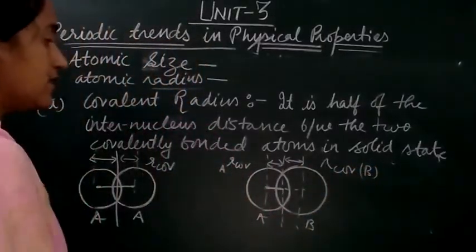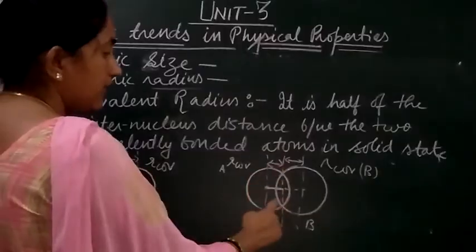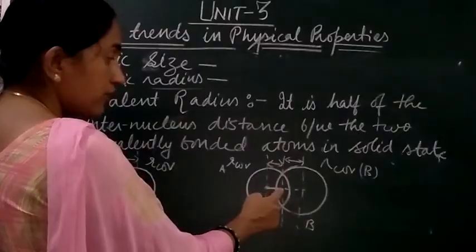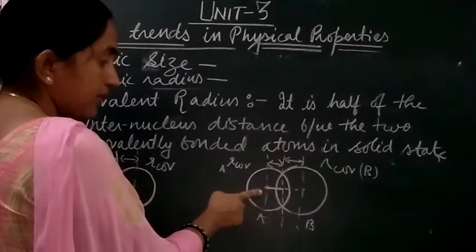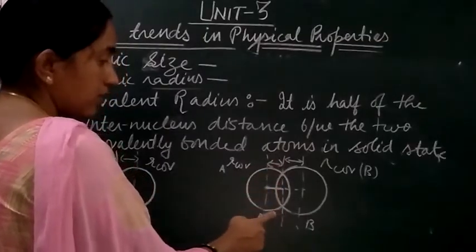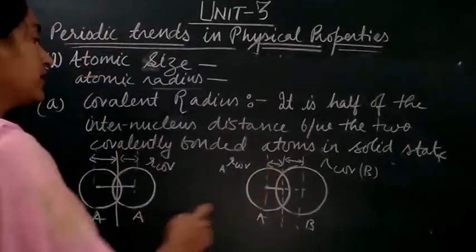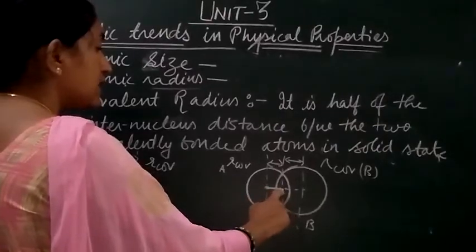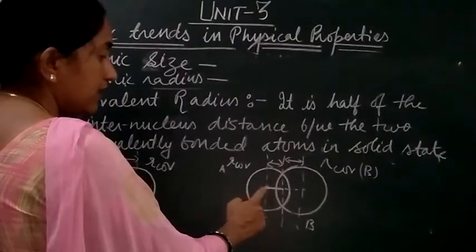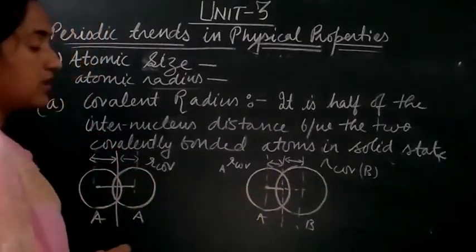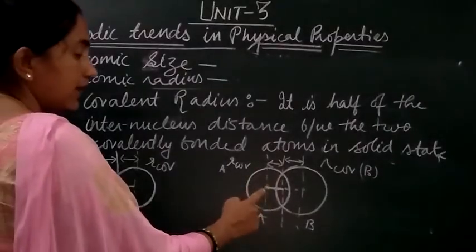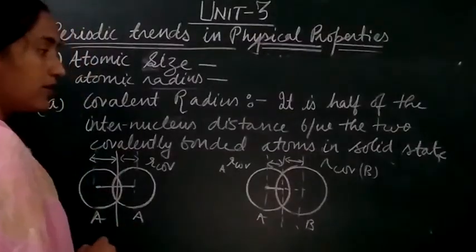In that case we are again taking half of the internuclear distance, but here we are counting the distance of this atom from its nucleus to the mean position of the shared pair of electrons. So this distance will be known as the covalent radius.